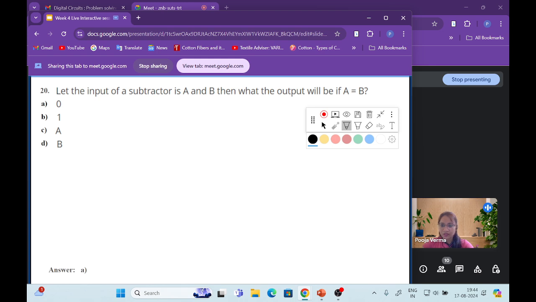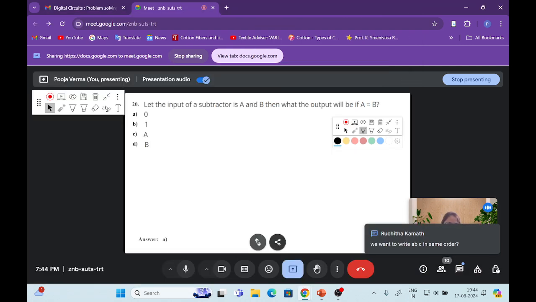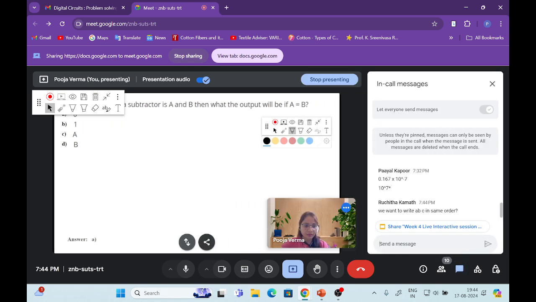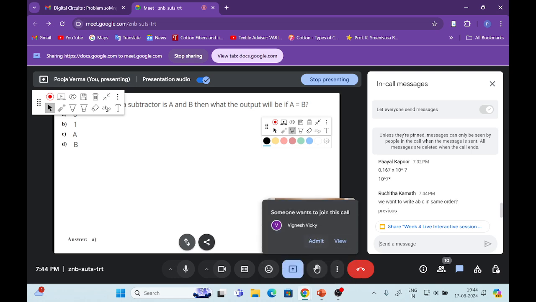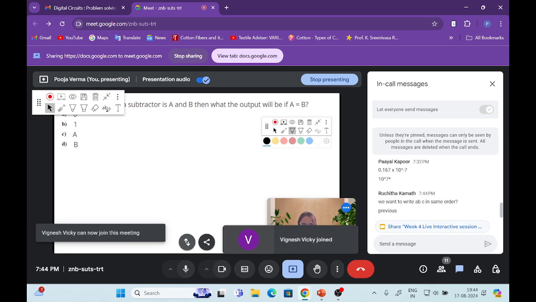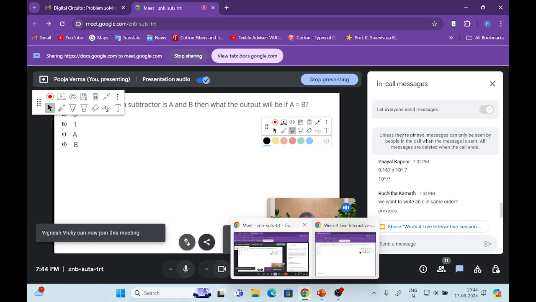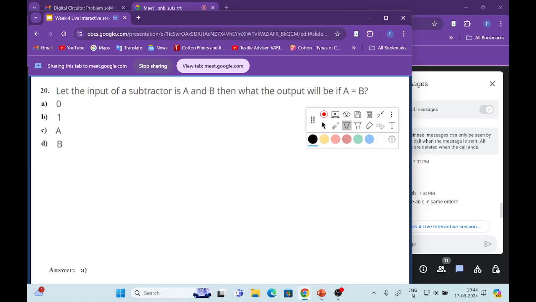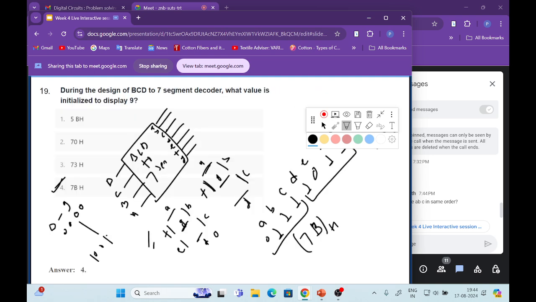So the next question is: let the input of a subtractor be A and B. We want to write A, B, C in the same order. It is related to the BCD to 7 segment display question, this one.